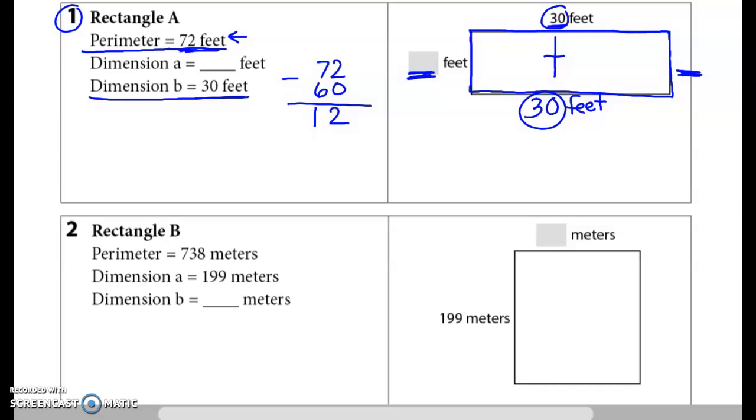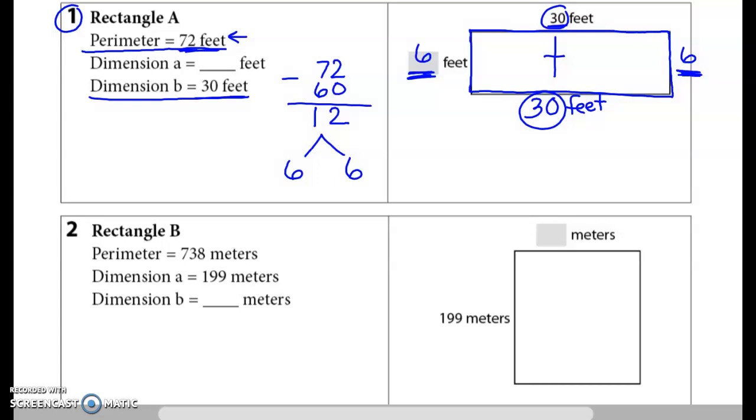feet. So if I think of the 12 and I divide that in half, I know 6 plus 6 would give me 12. So this side is 6 and this side is also 6. If I wanted to check my work, I could add up all 4 sides to find the perimeter, or I could take double the length and double the width, and that will give me my perimeter.